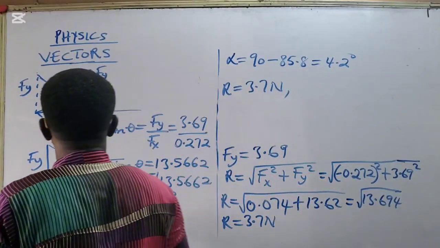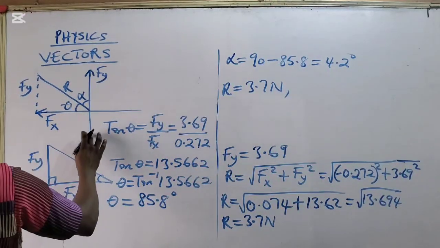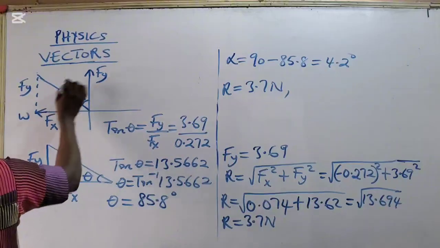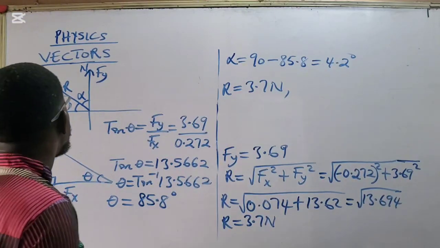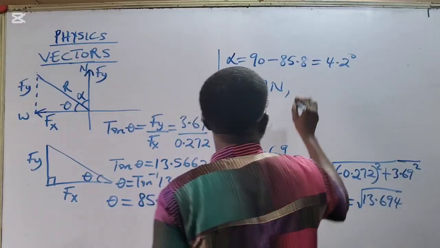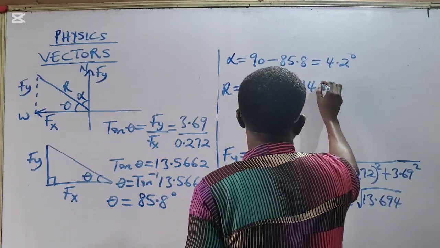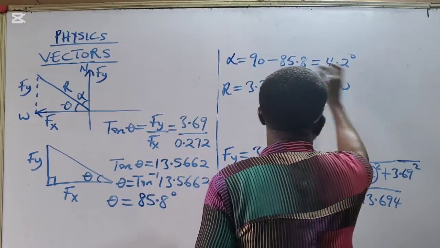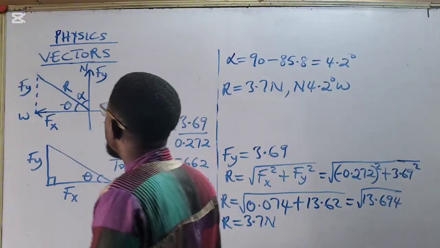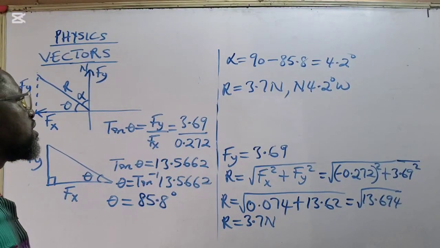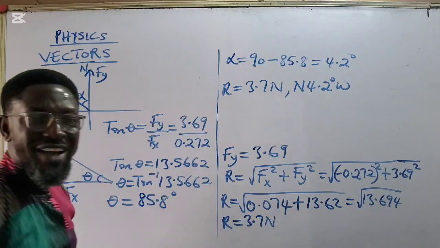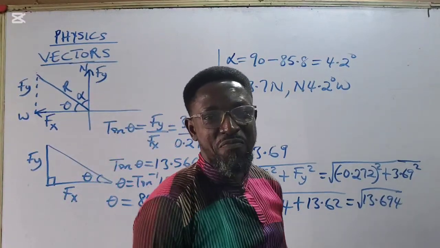There's north, south, east, and west. So that's north 4.2 degrees west. That's the resultant in magnitude and direction.